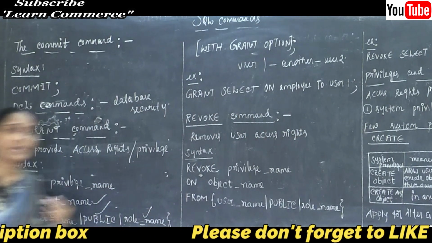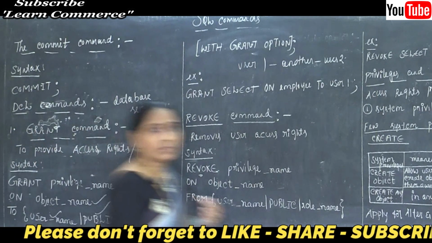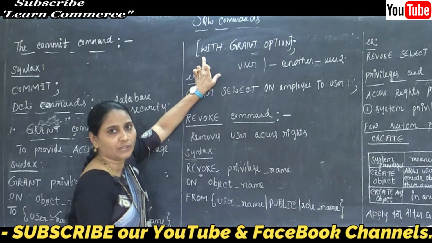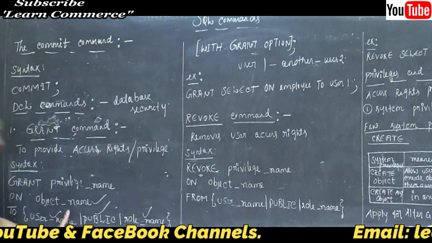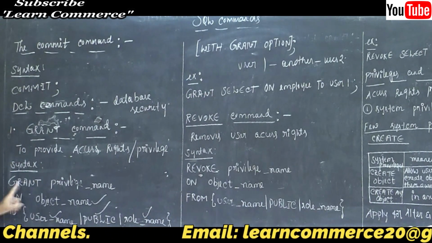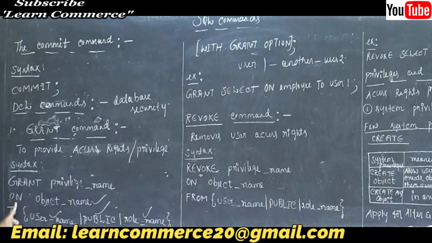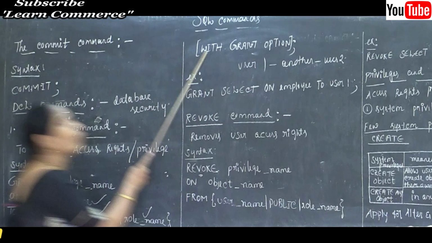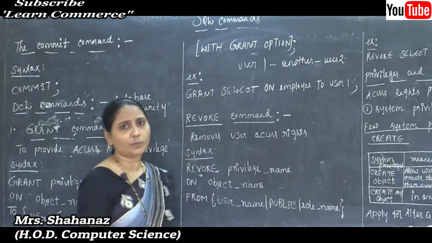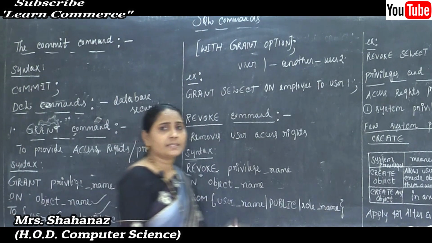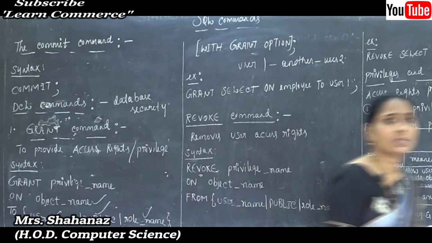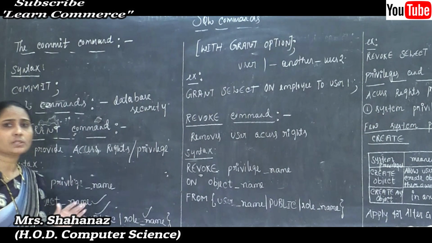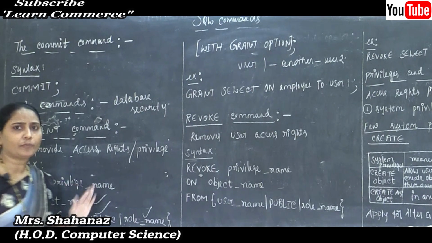Now the next thing you should use, why? Because in this example I didn't use the with grant option. I used only grant select on employee to user 1. And now what's the meaning of the with grant option? In this example I am also going to use the with grant option. You should use with grant option very carefully.